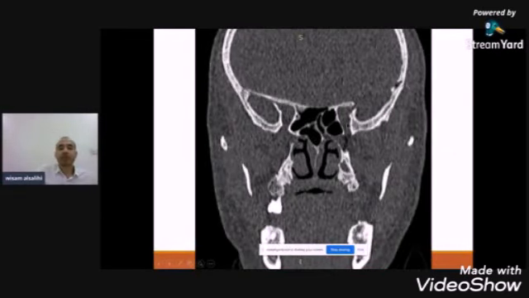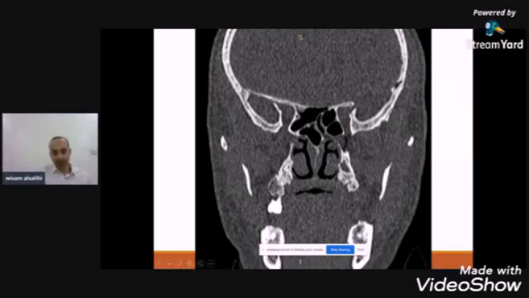More posterior, this is the orbital apex, inferior orbital fissure, superior orbital fissure, and this is an important structure here. This is the sphenopalatine foramen and the sphenopalatine artery here. This is the pterygopalatine fossa.